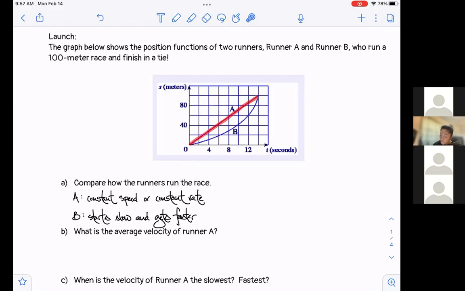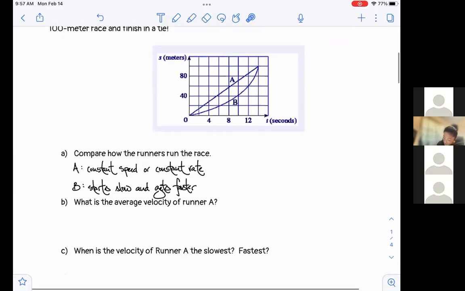Runner A is running very constantly, the same meters per second the whole time. And then you have runner B who, maybe they didn't hear the gun go off at the start of the race, and then they're like, oh, shoot, I've got to catch up. So they sprint really fast to get to that finish line at the end and manage to catch up to A and happen to tie the race.